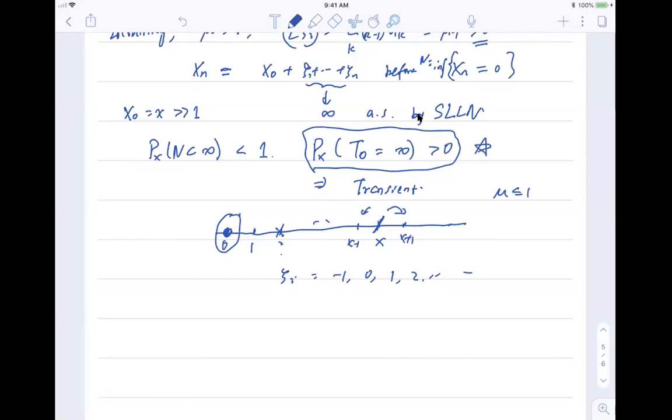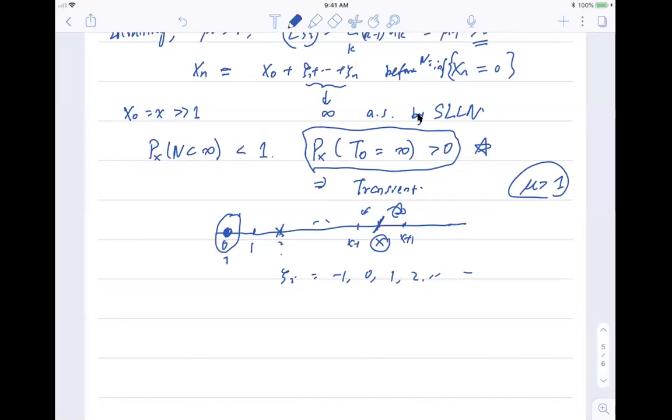In the case where mu, the average, is bigger than 1, you are more likely to move to the right than the left. So there is a possibility you can never go from x, a positive large number, to 0.